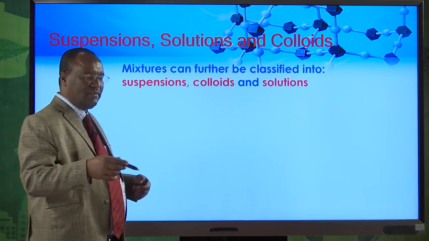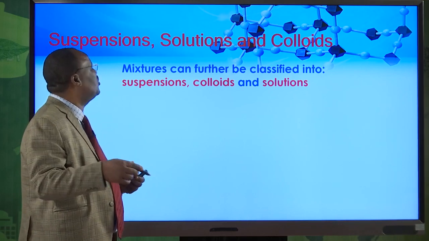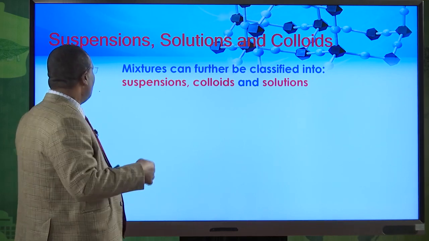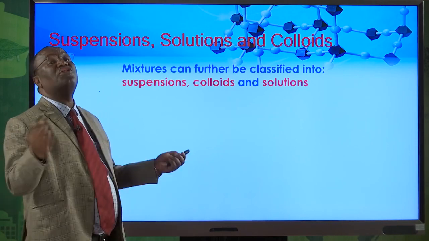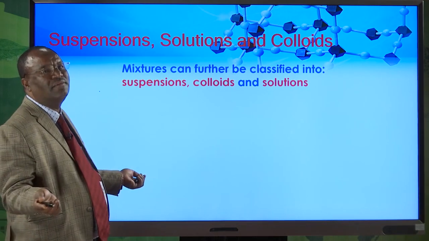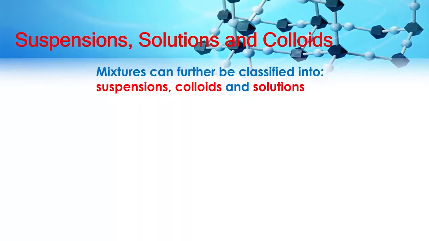You can also classify mixtures into three: suspensions, colloids, and solutions. All these are mixtures. You can classify these mixtures into two groups: heterogeneous and homogeneous. Which one is homogeneous and which one is heterogeneous among these mixtures? Let us see them one by one.